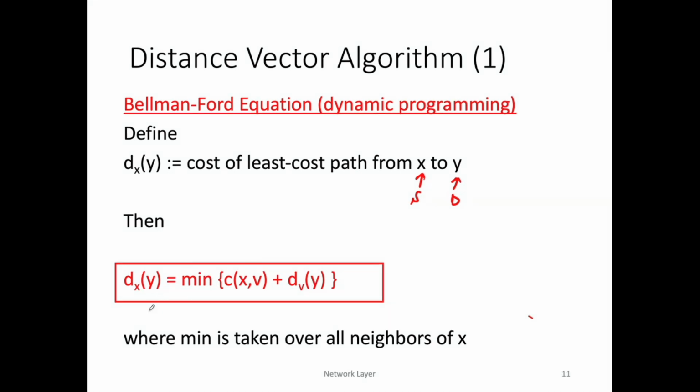So this means we have to identify a minimum path that is taken over all the neighbors of x. So what we will do basically is we will calculate this value for all the neighbors of x, and we will select a path where reaching from x to y is minimum from a specific neighbor.